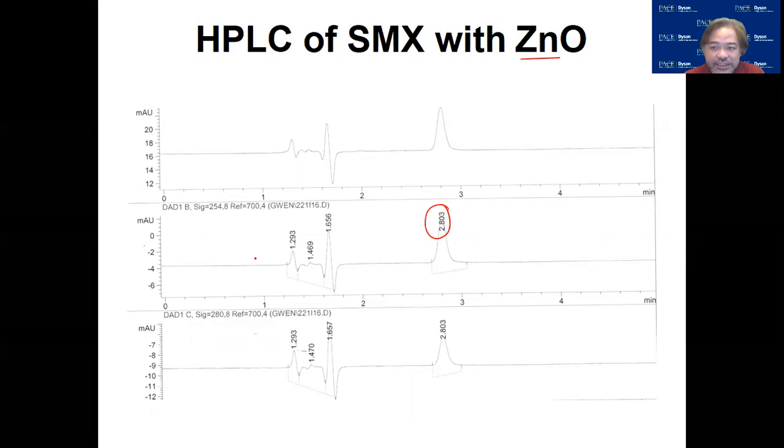So the challenge now is how are you going to design them in a wastewater treatment plant, wherein you're going to put some of these nanomaterials. So how are you going to make sure that they will remain immobilized? So what will happen?